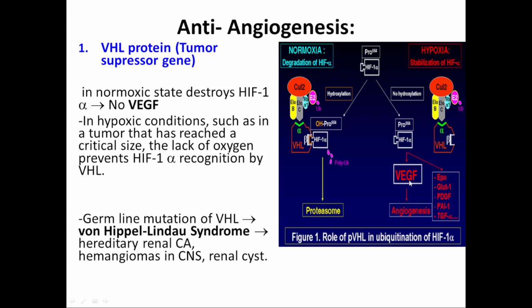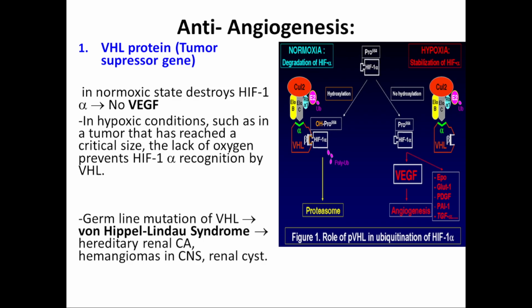Under normal oxygen conditions, we see degradation of the hypoxia inducible factor through a complex. One of the components of this complex is VHL, von Hippel-Lindau, which is mutated in persons with VHL syndrome.